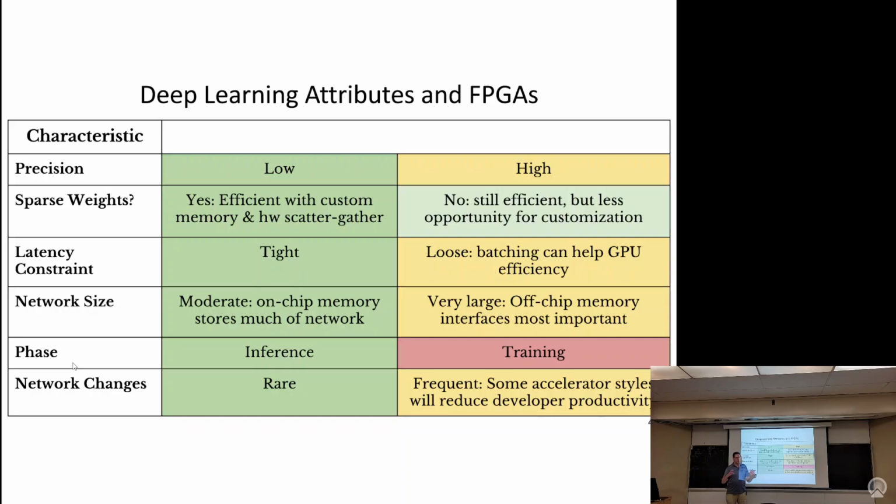Because FPGA compiles take a while. I'm going to show you a few different accelerator styles in an FPGA, but for some of them, where you build a custom data flow accelerator, it's going to be a problem, right? So parts of this are green, but parts are not. You should take that into consideration if you're deciding what to use.